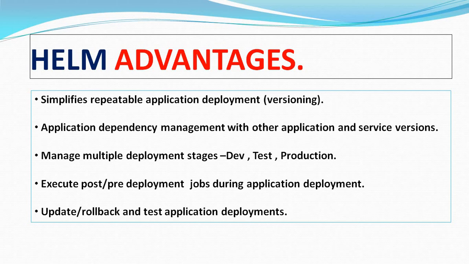As the final advantage, as I said, Helm supports multiple repeatable deployments on the Kubernetes cluster, so definitely we have the advantage of update, rollback, and testing of application deployments. With a Helm module, I can first install my application on the Kubernetes cluster.